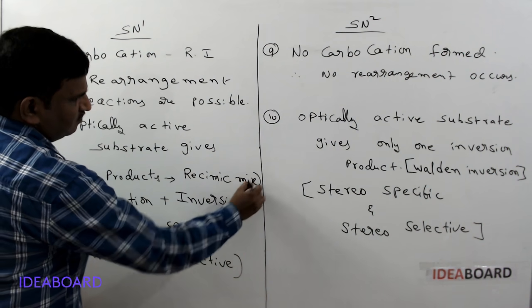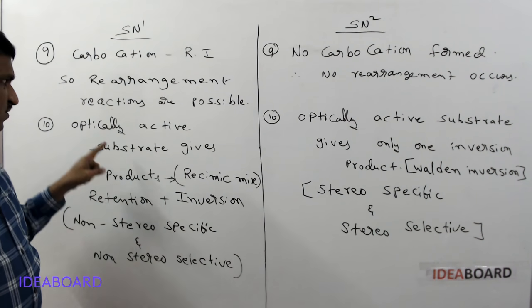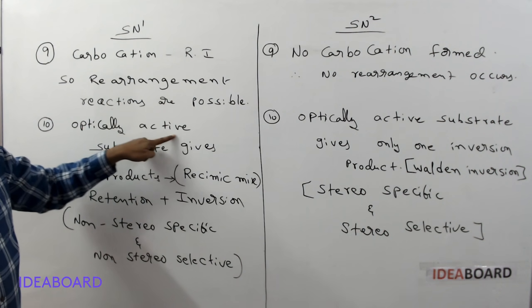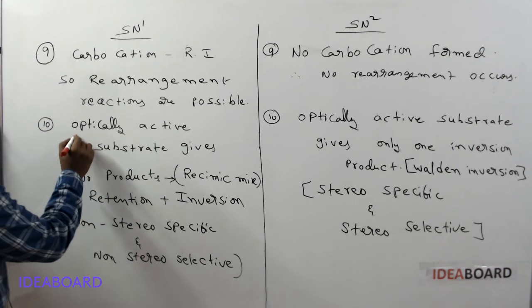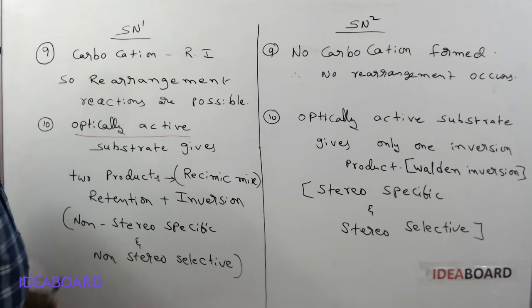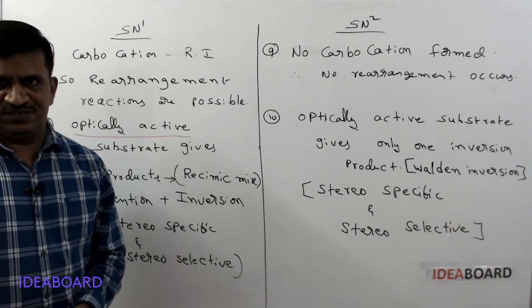Racemic mixture formation occurs in the SN1 reaction if you are using an optically active compound, very very important, only if you take an optically active compound. If you are not taking an optically active compound, we can't get a racemic mixture.